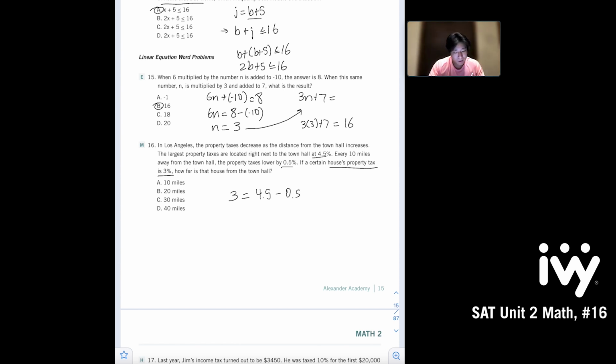But it's not 0.5 for every mile. It's 0.5 for every 10 miles. So if x is the number of miles away, we're talking about x over 10. So for every 10 miles, we drop by 0.5. So here, if we do a little bit of isolation of our variable x, we see that we can solve for x being equal to 30 miles away, or C.